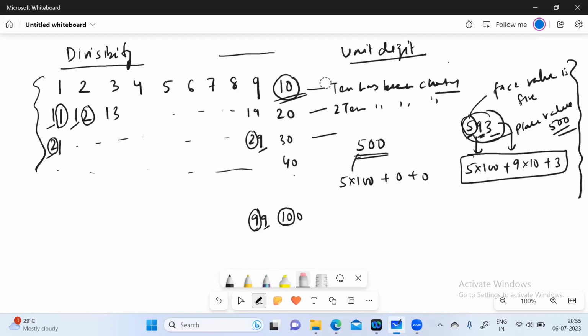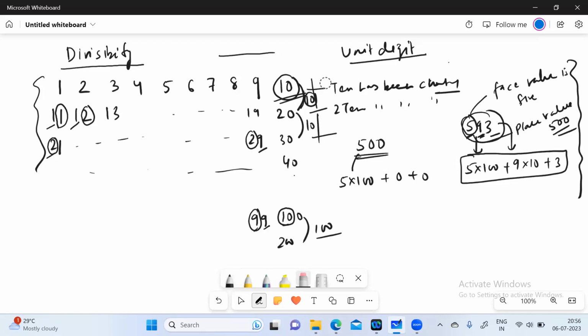Because 10, 20, 30, 40 is a pattern. Every time you move from 10 to 20, you are moving ahead 10, and 20 to 30, again 10. Similarly, 100 to 200, you move ahead 100. So this pattern is important to devise the divisibility rule.